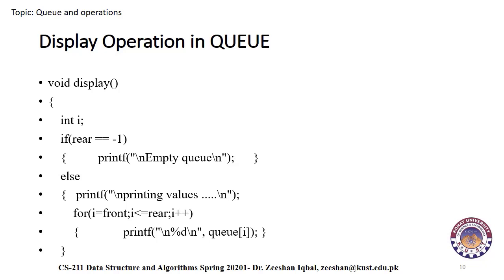In the loop we have to print the data till rear, so I will run till rear by writing I is less than or equal to rear. Inside the loop we will print the data using printf, and we will write printf percentage d, q of I.